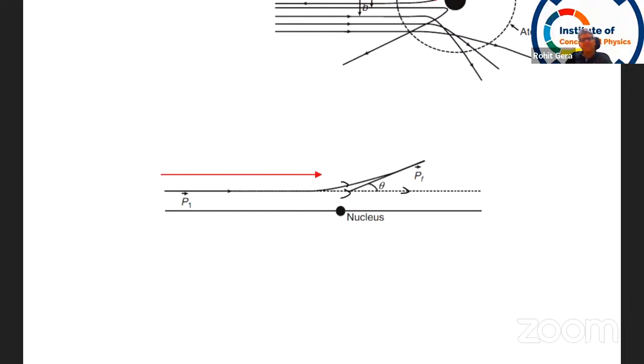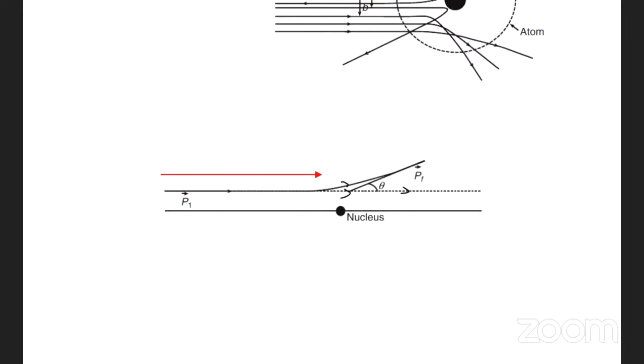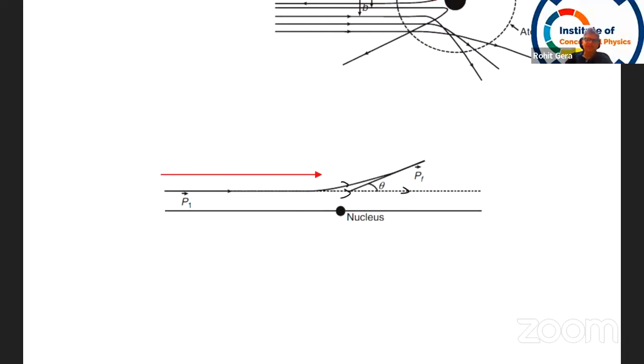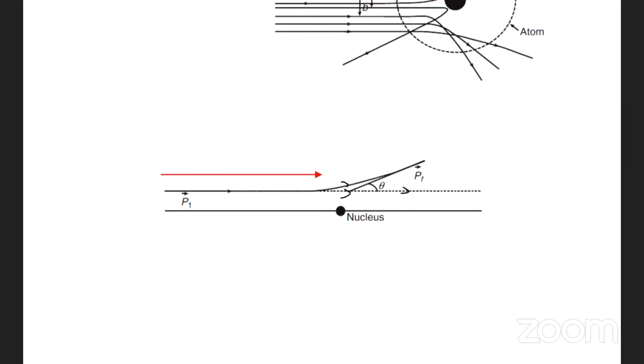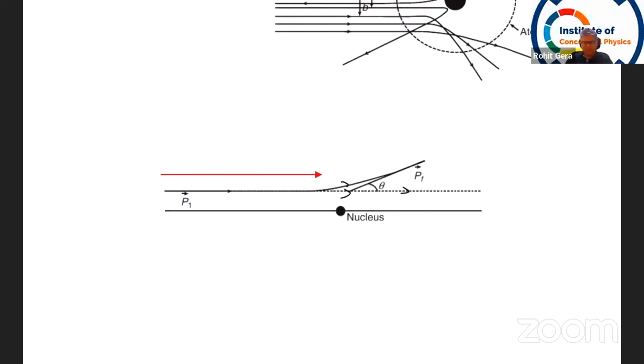So half mv square is equal to k q1 q2 by r, which is changing continuously because the distance between them is changing. And I'm referring to the one which gets deflected, and the one which is completely deflected like this also has kinetic energy. But the sum of energy remains the same. Conservation is still maintained.